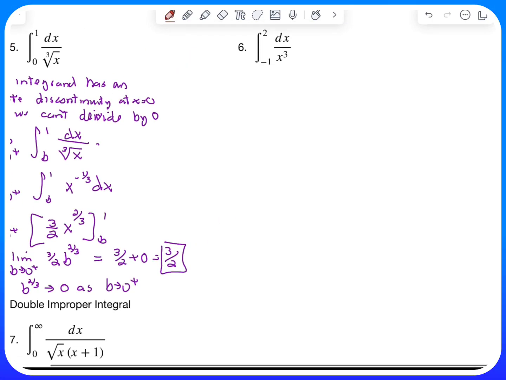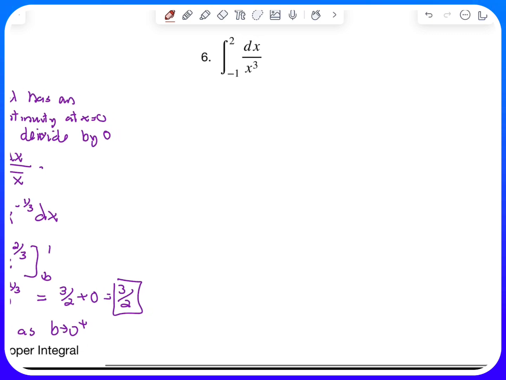All right, so here we know we cannot divide by 0, so x cubed cannot equal 0, or x cannot equal 0. And 0 is in our interval of integration here, so we have an infinite discontinuity at 0. So we need to split up this integral into the integral from negative 1 to 0 of 1 over x cubed dx plus the integral from 0 to 2 of 1 over x cubed dx.